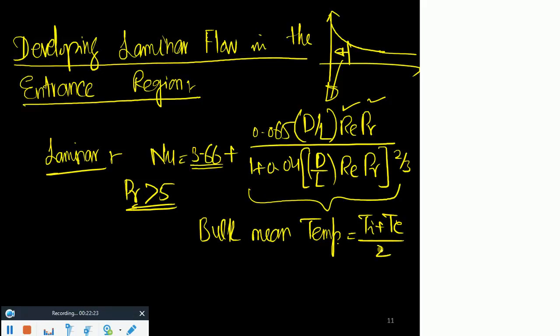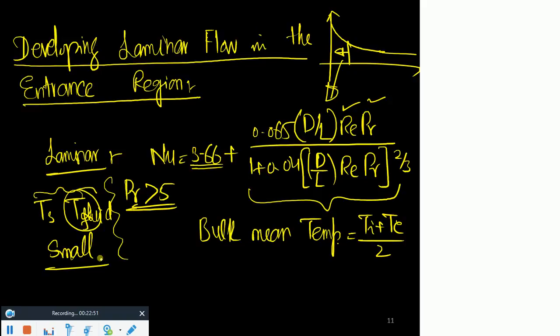Now again, there is another limitation, that this relationship should be used when Ts and T infinity, the difference, is not much larger. T infinity, I am considering not in the free stream sense, but the temperature of the fluid. When Ts and T infinity are not very large, this is small.